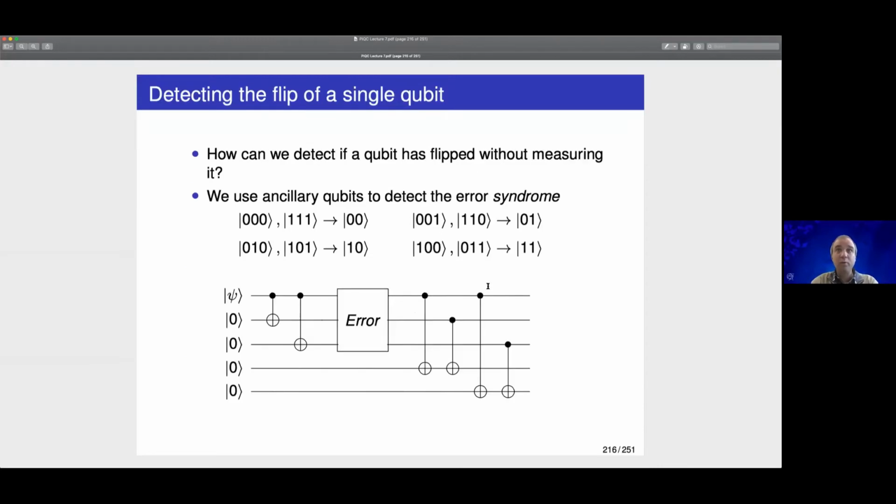So what we can do is to measure partial information about the state. We don't want to measure the whole state, but we want to do just a partial measurement that gives us information about whether the values that we are using in the encoding are all equal or not, but without learning any other information about the state, and without collapsing the state to something that loses the information that we were storing there.